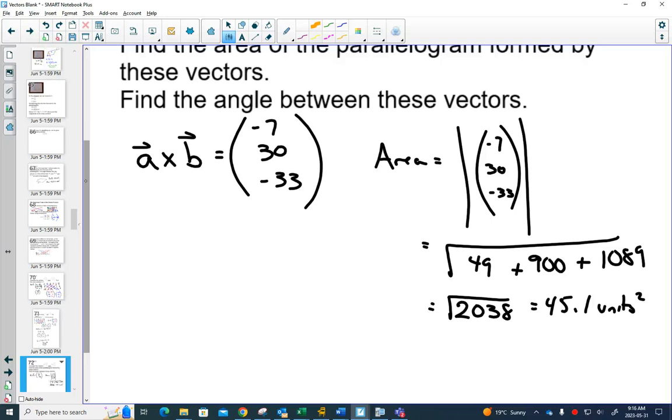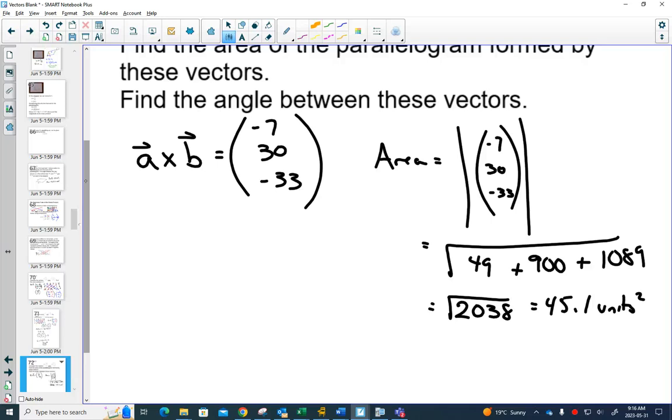The problem with using the cross product is sine of theta is a positive number. Okay? You're going to solve for sine of theta, it's a positive number. It could be in quadrant 1 or quadrant 2. So you have no way of determining whether the angle was less than 90 degrees, acute, or bigger than 90 degrees, obtuse.